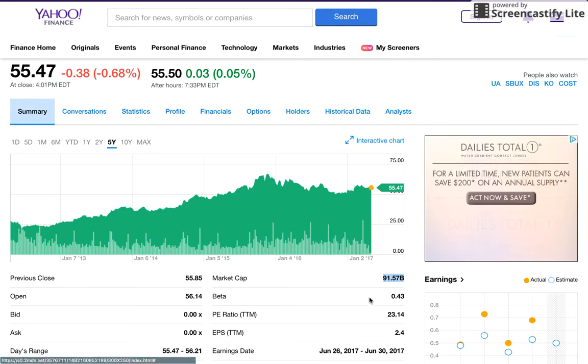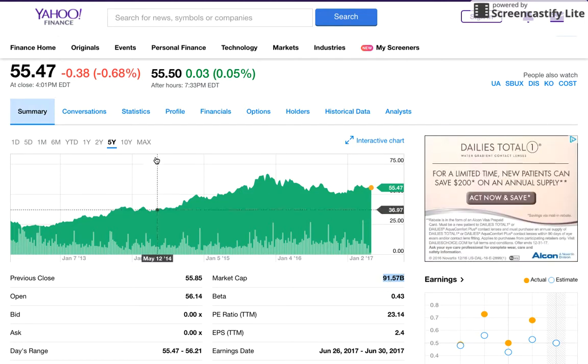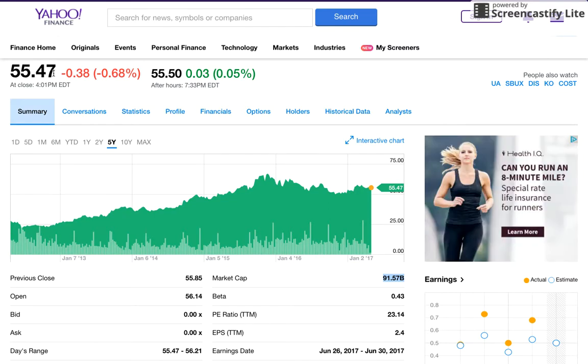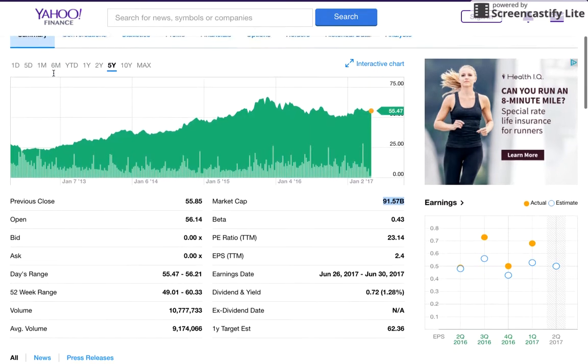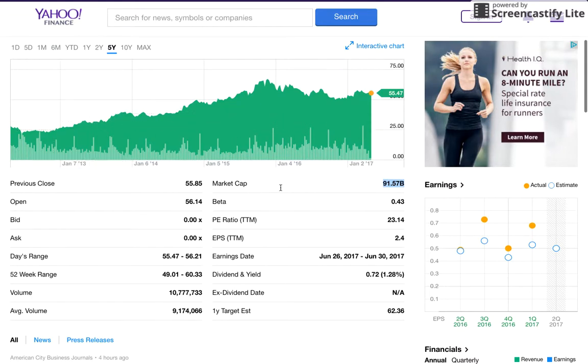So if you take $91 billion divided by 55.47, you would see the number of shares that stockholders haven't purchased yet. And when you're comparing different companies together, you can do that analysis.